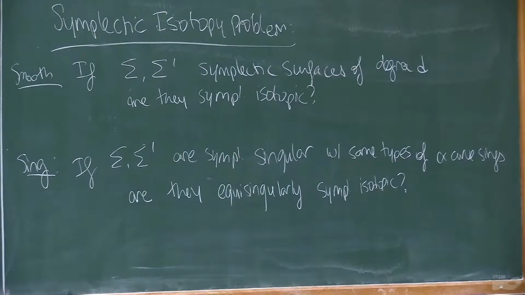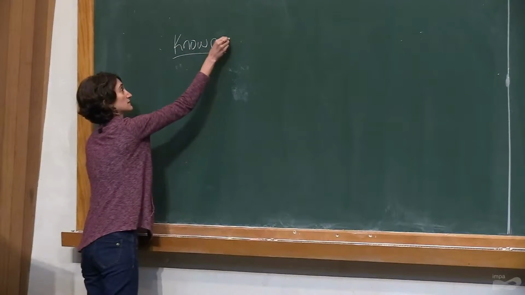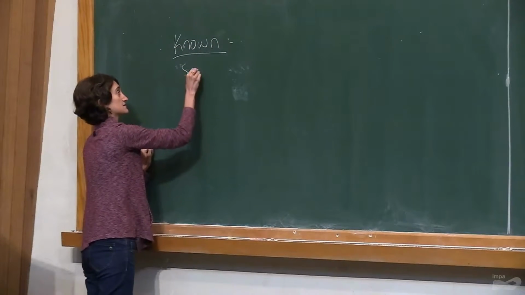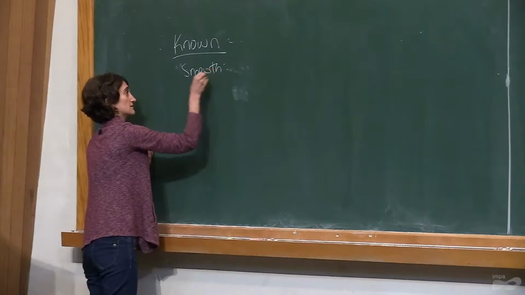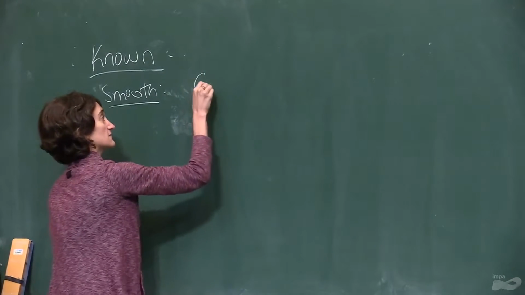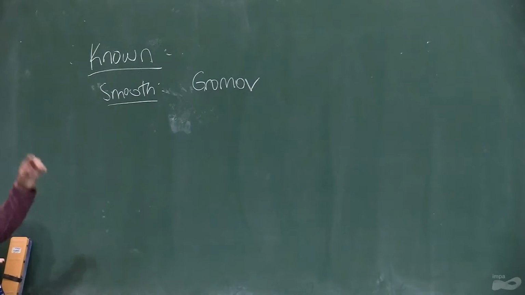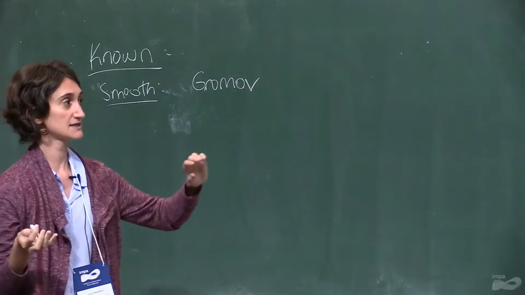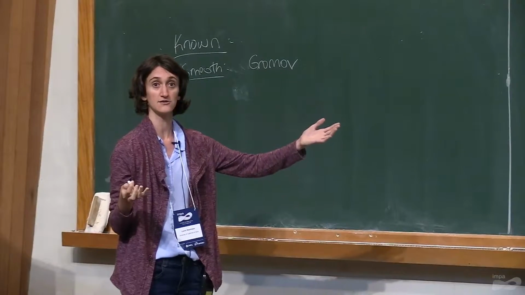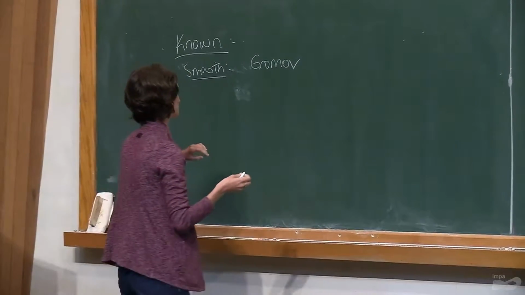So what do we know in any of these cases? If we're in the smooth case, Gromov, in his pseudo-holomorphic curve paper, answered this question in low degrees, for degrees 1 and 2.